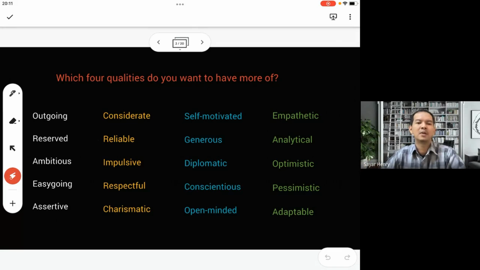It's probably the opposite of outgoing. Someone is outgoing, someone is reserved. They are probably on opposite sides of the spectrum, right? So I think you get the idea of the word reserved. If you're still not sure, you can raise your hand. If you are okay, I'm going to move on.